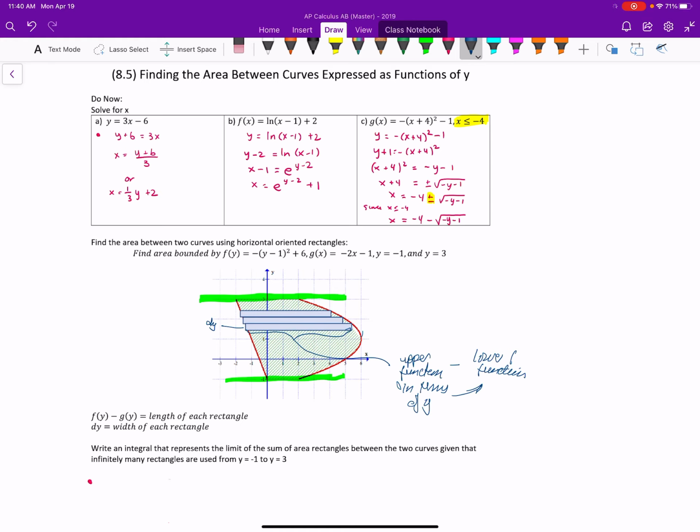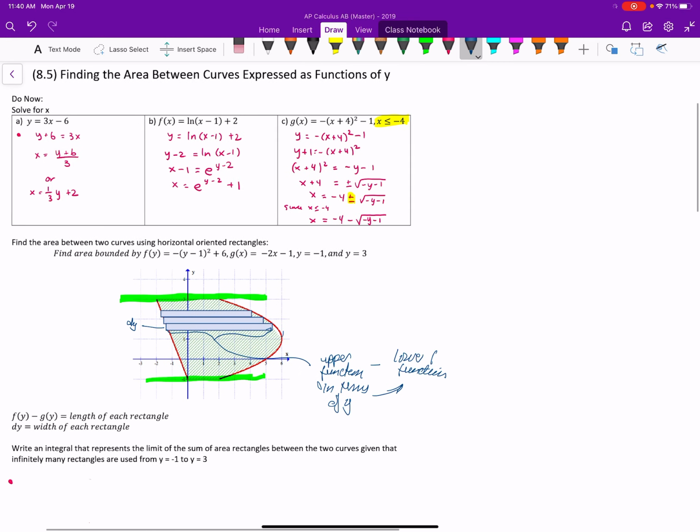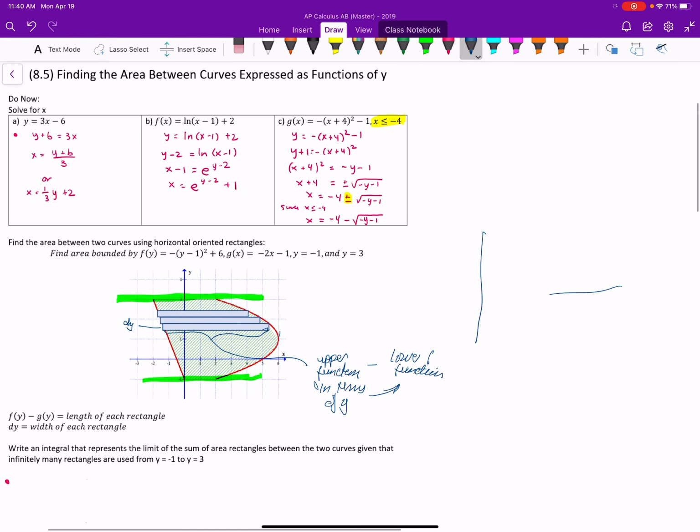So let's think about that for a minute. If I'm trying to find on the xy coordinate system some horizontal length, I'm essentially finding, like, this is x sub 2 and this is x sub 1. I'm taking x sub 2 minus x sub 1. So I need the x coordinate minus another x coordinate here.